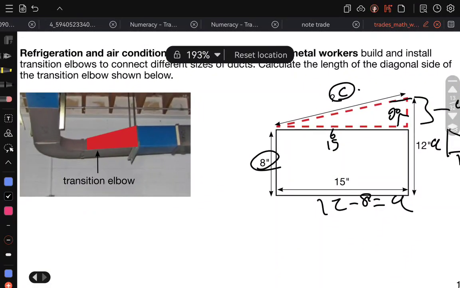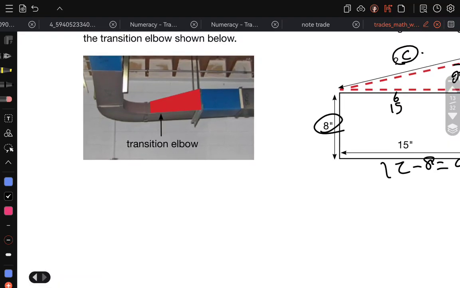So you're gonna write our formula that we learned, which is a over 2 plus b over 2 equals c over 2.